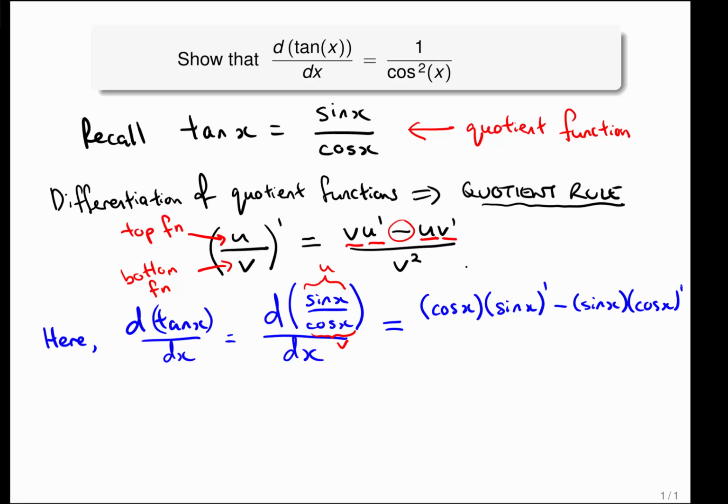And all of this is over the bottom function v all squared, that is, cos x all squared.